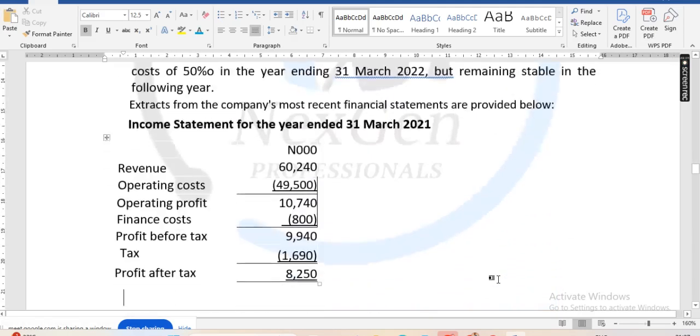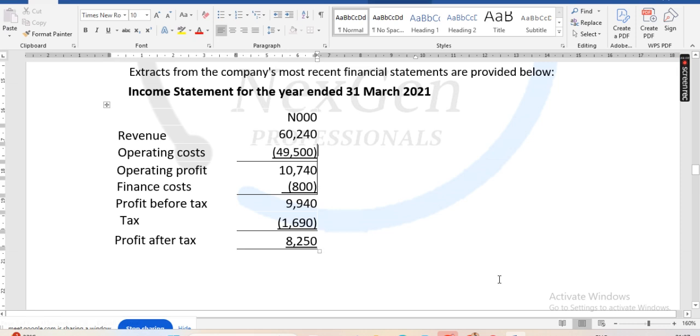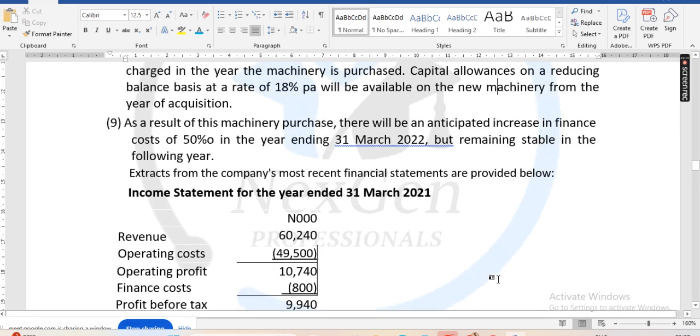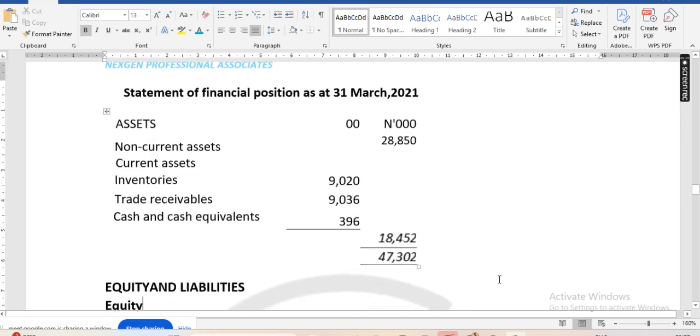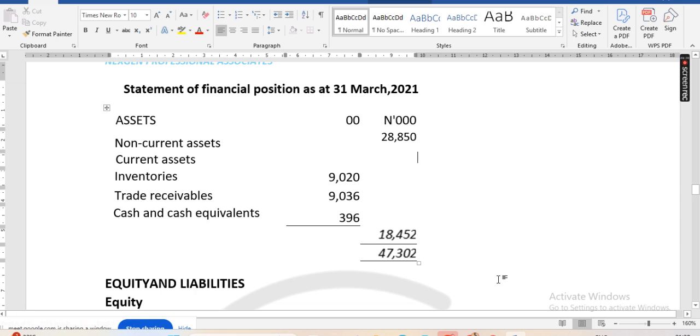So you cannot assume that depreciation is inclusive in operating costs. I just needed to call our attention to that particular side. Please pay attention to it. For them not to include depreciation here, it means this asset was purchased maybe at the end of the year itself, after the financial year. Another thing is that the asset you see here is for the head office and it is not depreciable.